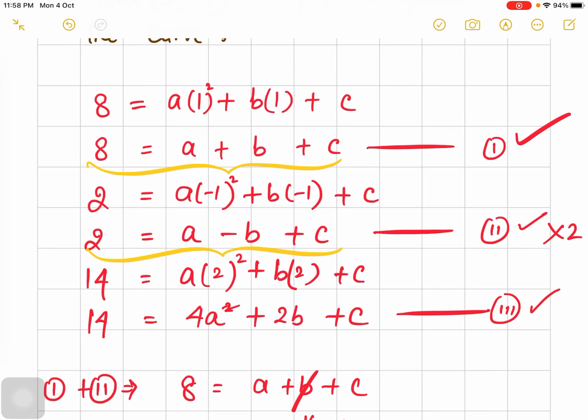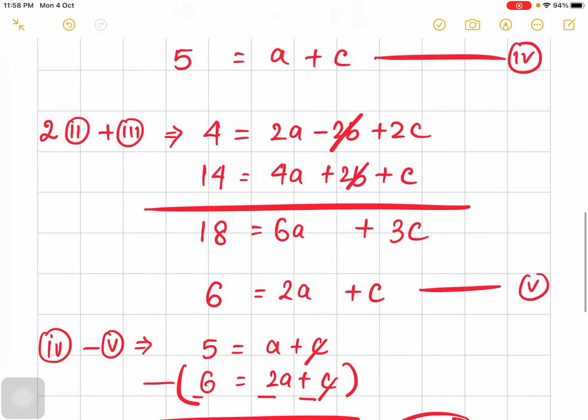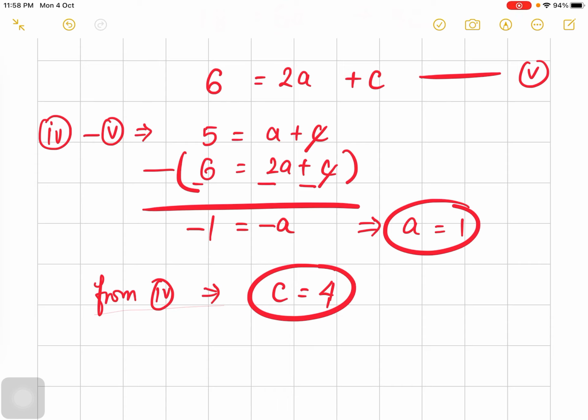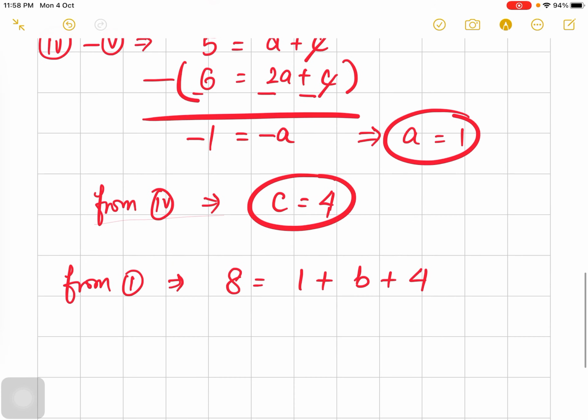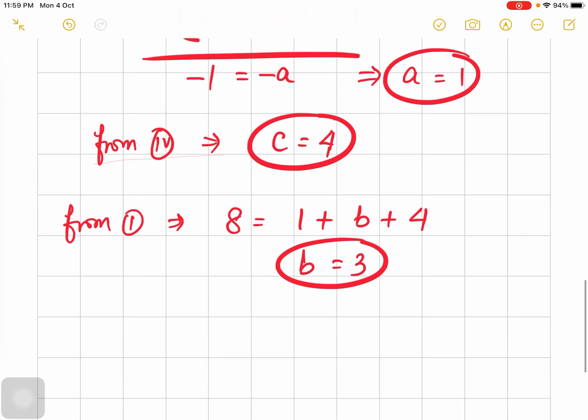So 8 was equal to a plus b plus c, that's 4 plus 1, 5. 8 minus 5 will be 3. So the value of b will be 3.